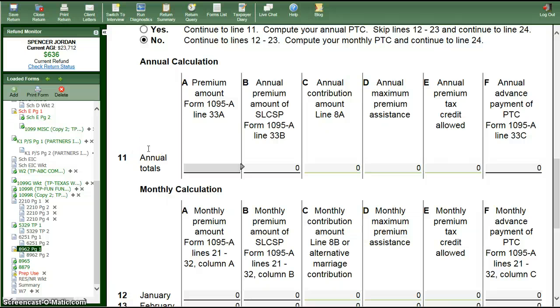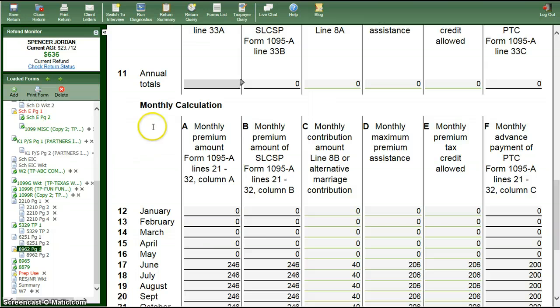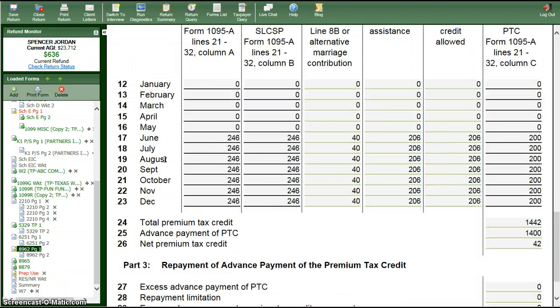If there are any months that aren't filled in, or if the amount of the premium changes throughout the year, you will come down to these lines here for the monthly calculation. And this is where you transfer the information from your 1095A.